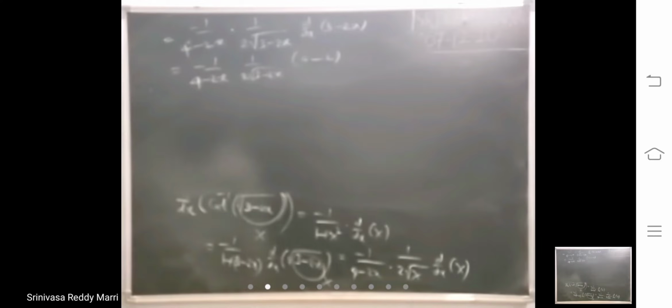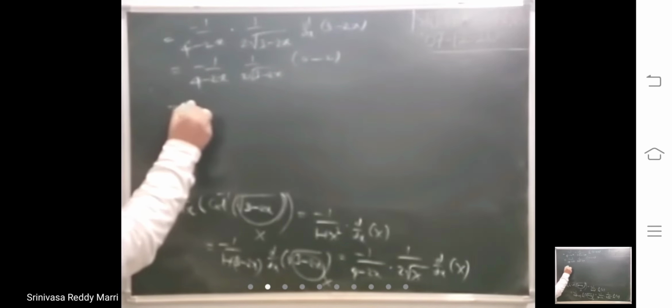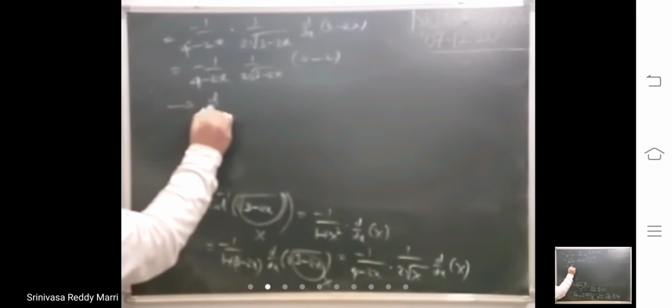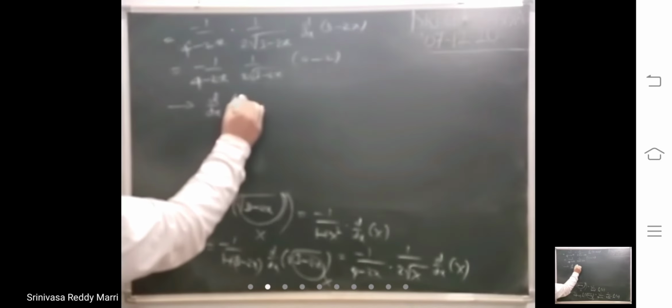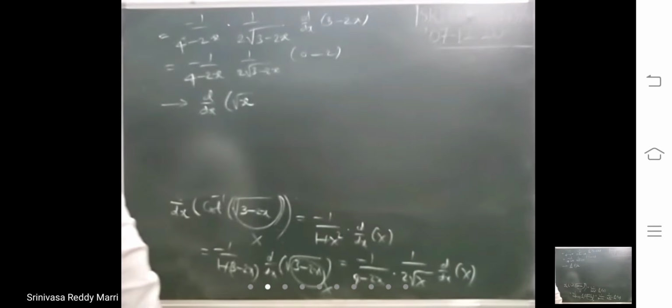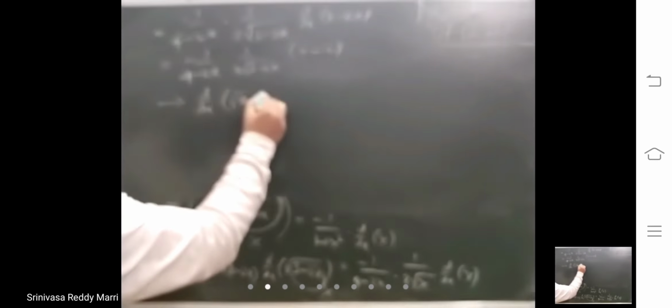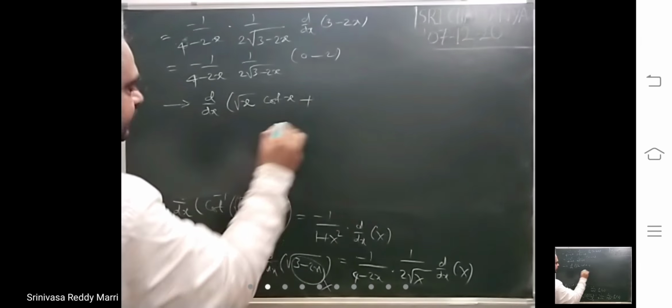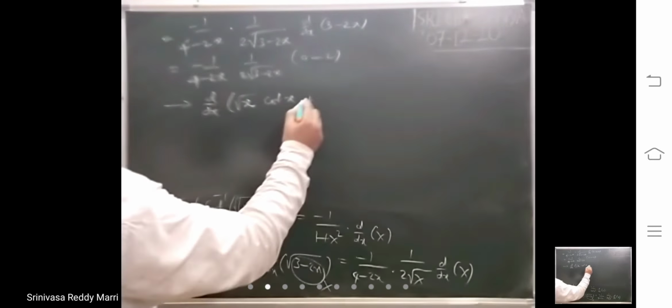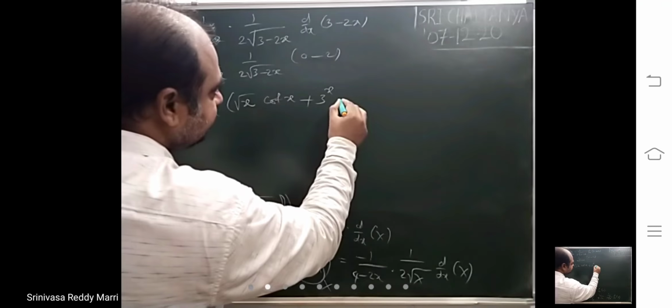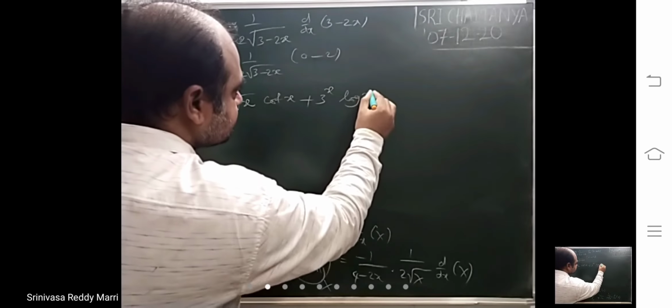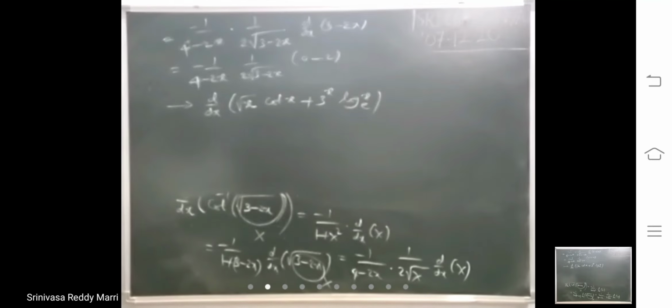Now look at this. Suppose you have to find out d by dx of root x into cot x plus 3 power x log x to the base c. Suppose you have to find the derivative of this.